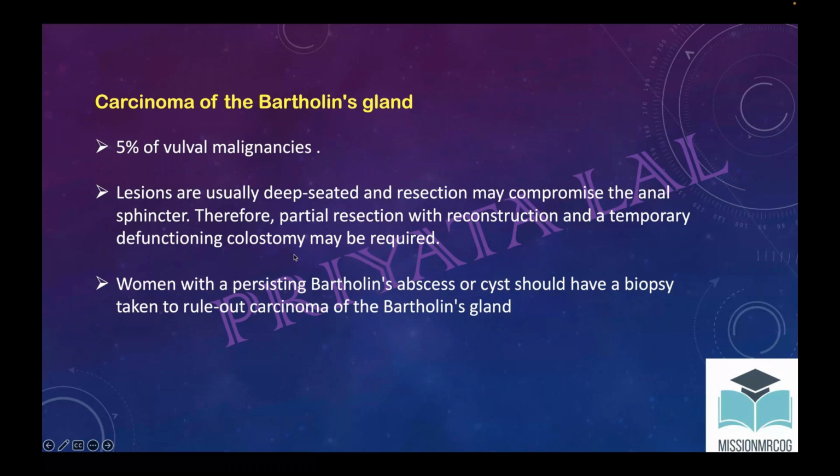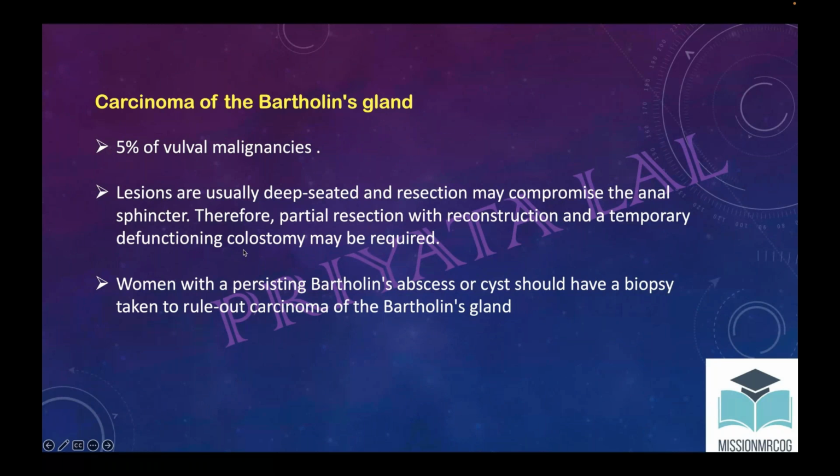Apart from this, if the patient has a Bartholin abscess again and again, or a persistent abscess or cyst, then they should have a biopsy, because sometimes there could be underlying carcinoma of the Bartholin gland. So it is very important.